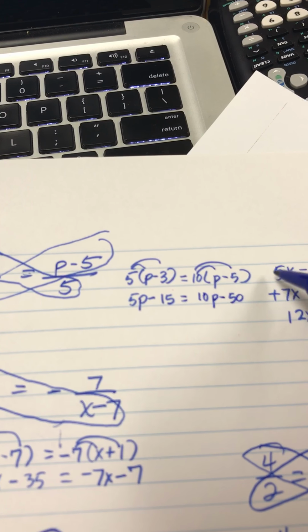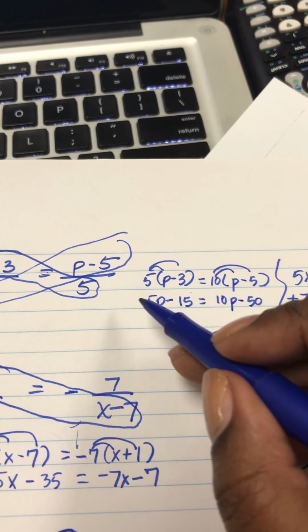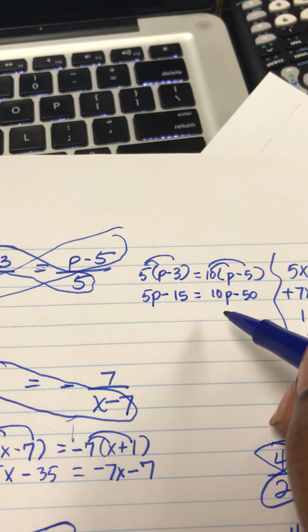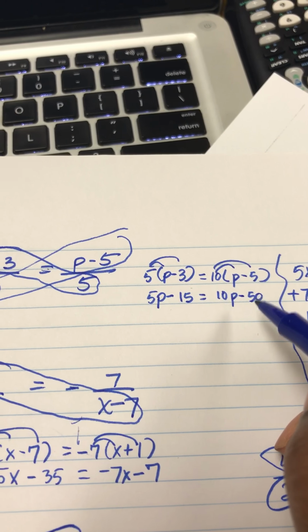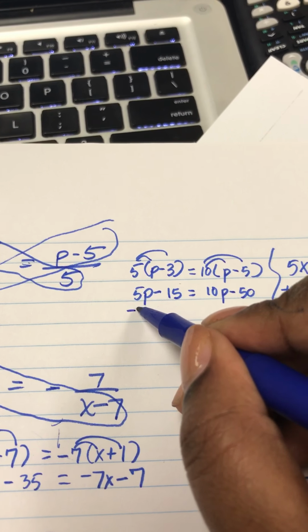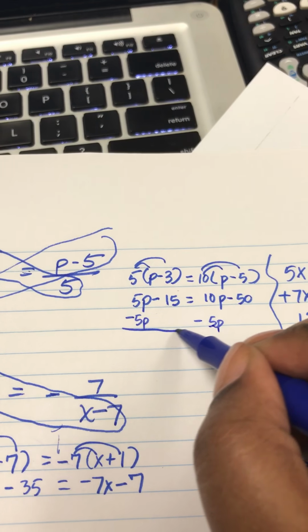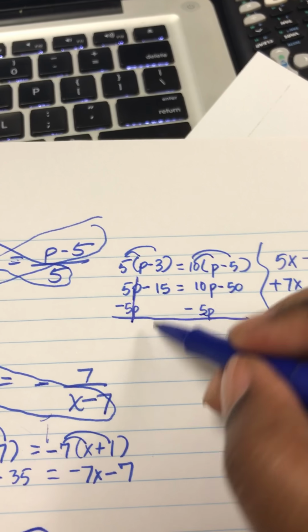minus 50. Now, just in case you're a type of person that likes to solve with the variables on the left, the variables on the right and the constants to the left, we can try it a different way this time. Subtract 5P. It also helps to get rid of having negatives.